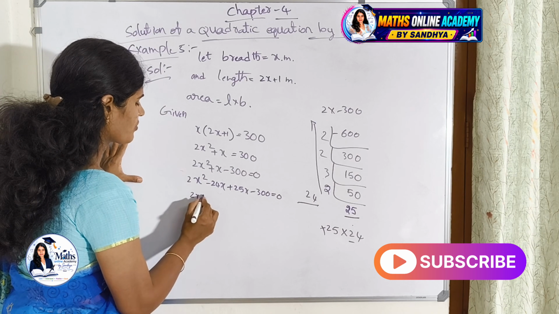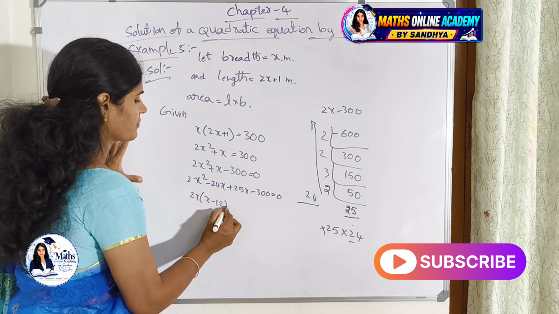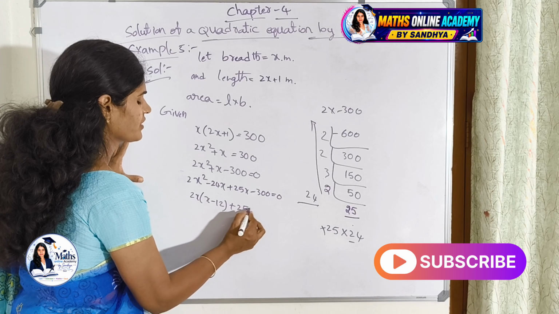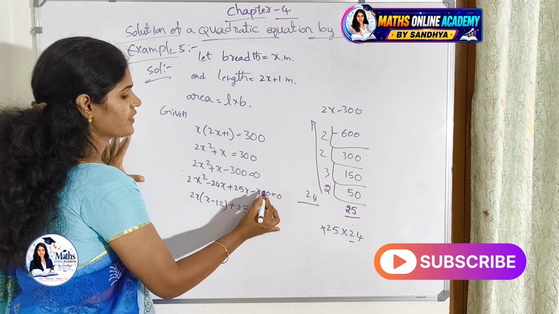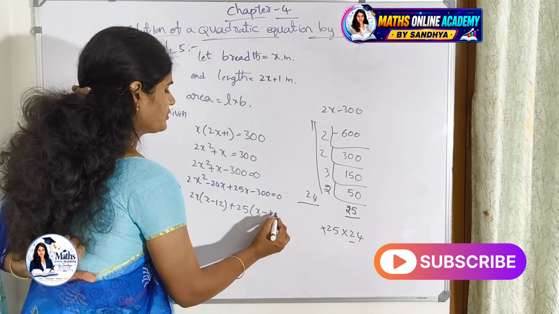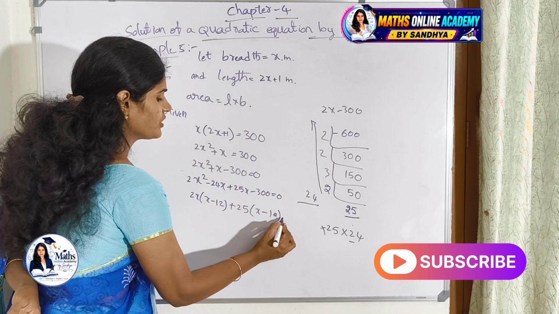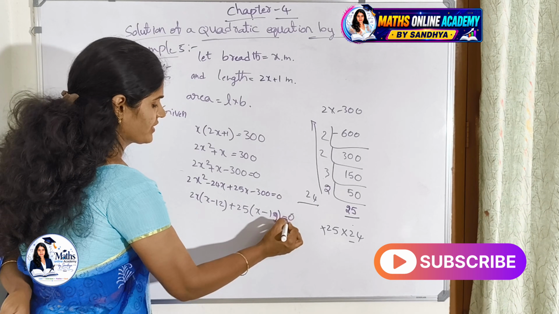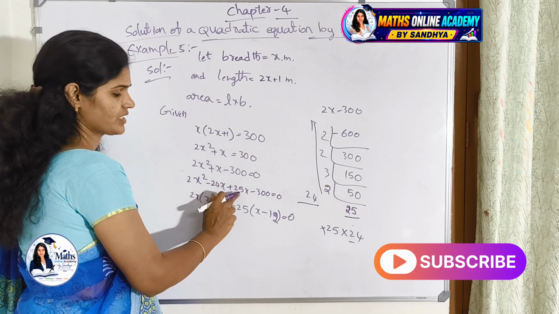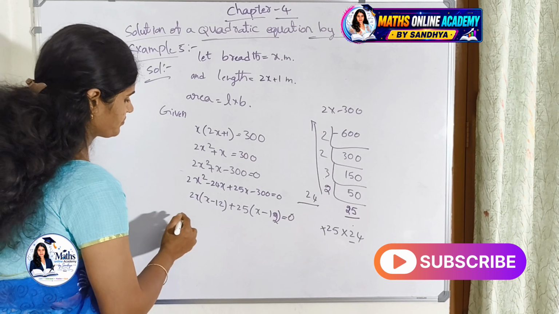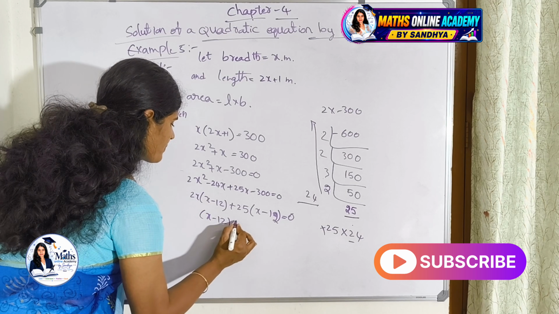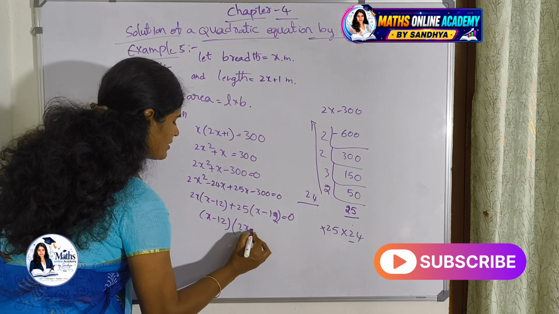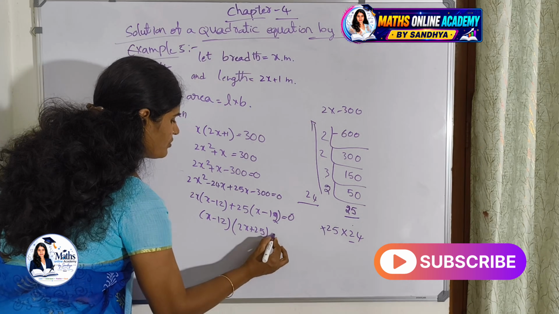Now take 2x common: x minus 12 plus 25. So here also x minus 25 ones are 25 and 25 2s are 50. That's why I'm taking this side 24, this side 25. Got it? Take x minus 12 common, again 2x plus 25 equal to 0.